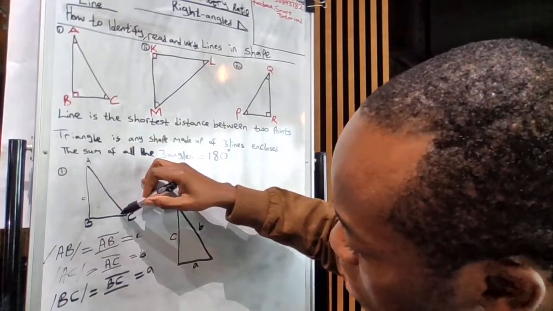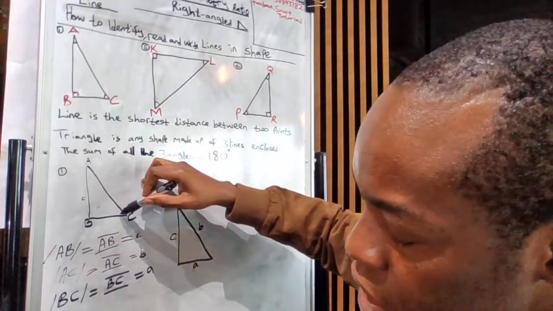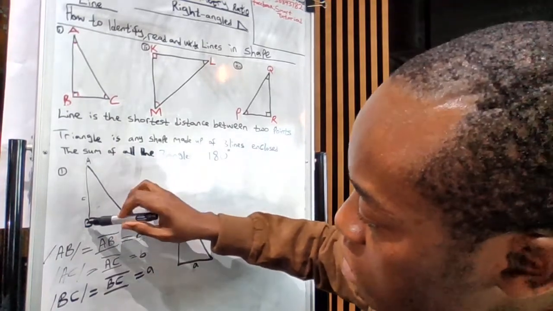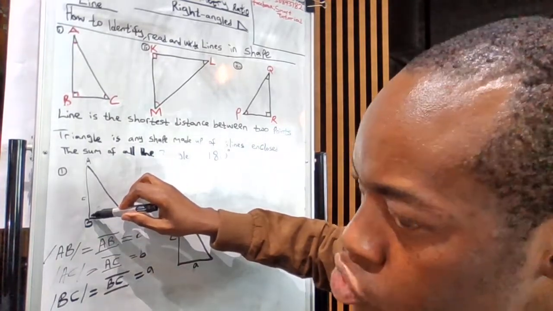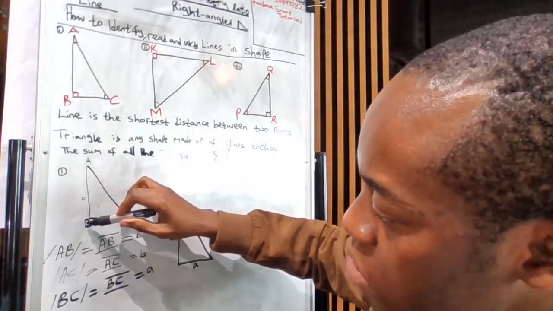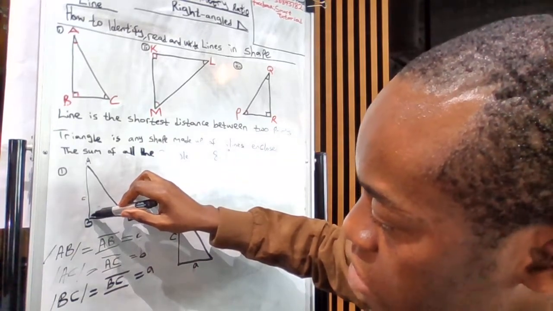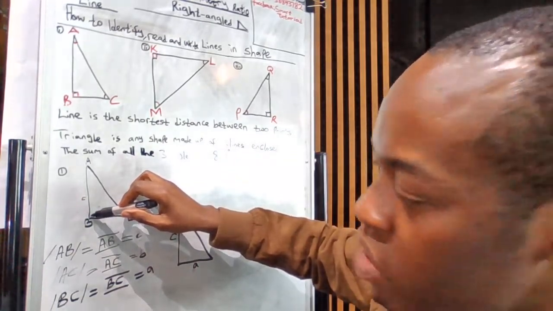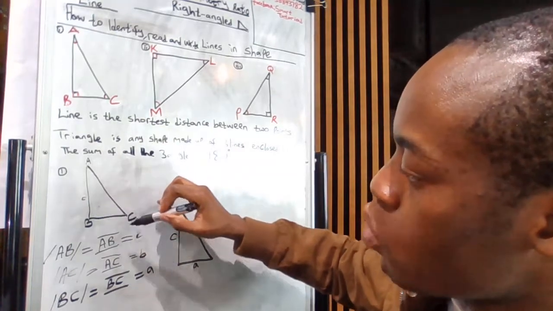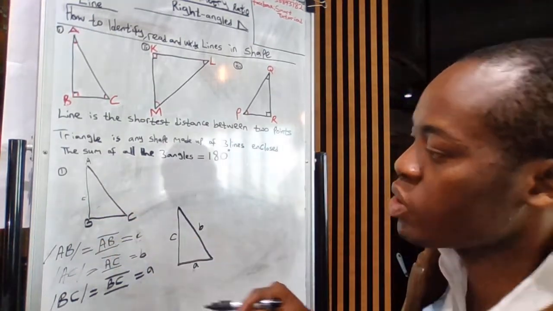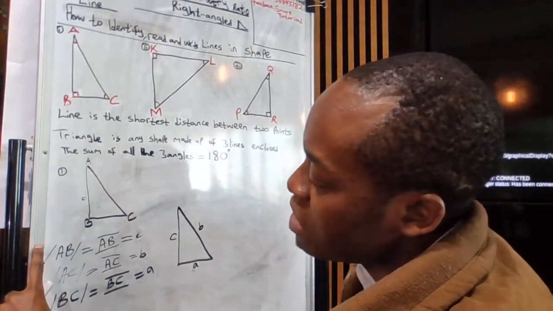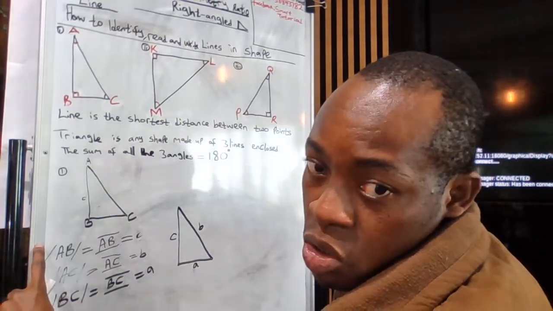This place is capital letter C, is angle C. And this place is angle B. So this capital letter B is angle B, but you cannot write it here, it's too small. So that is why it is written outside. So this is the correct way of writing lines in shape.